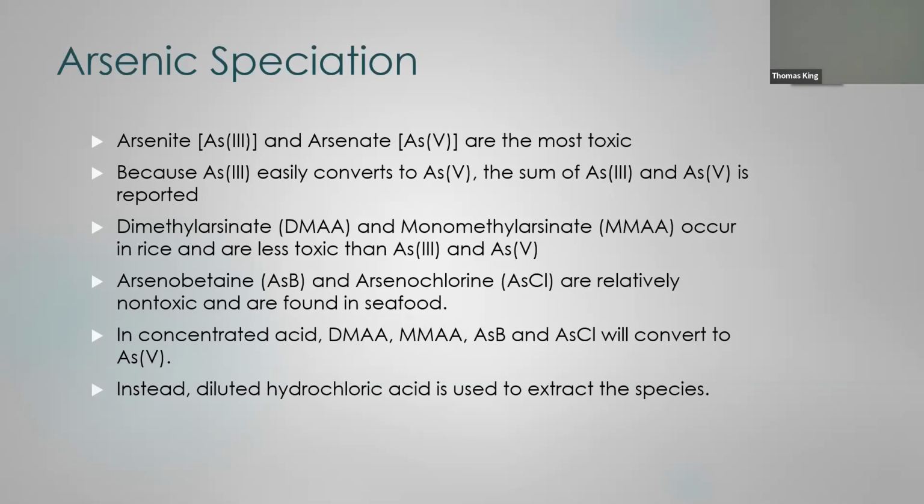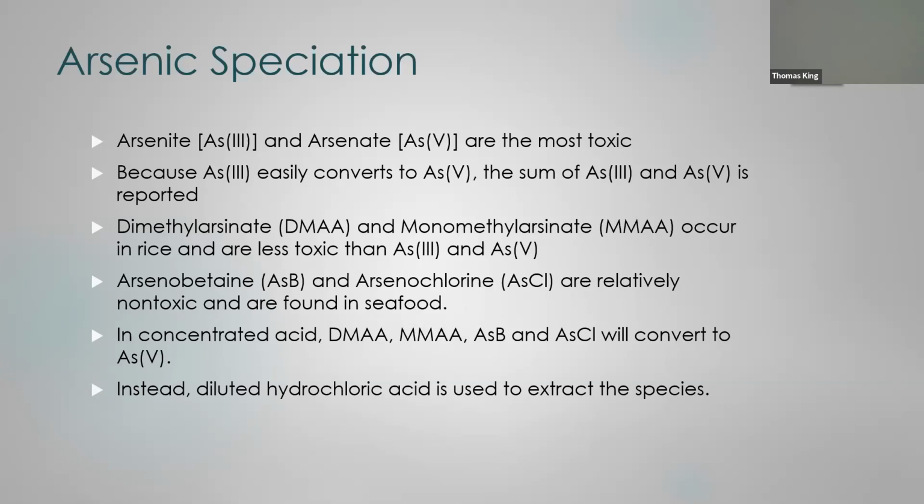Another thing about the arsenic speciation is that you cannot use concentrated acid like we use in microwave digestion. Because if you use concentrated nitric acid, the DMA, the MMA, the arsinobutane, and the arsenochlorine will convert to arsenic 5. So instead, we have to use diluted hydrochloric acid to extract the species.